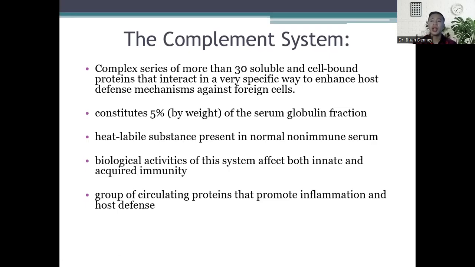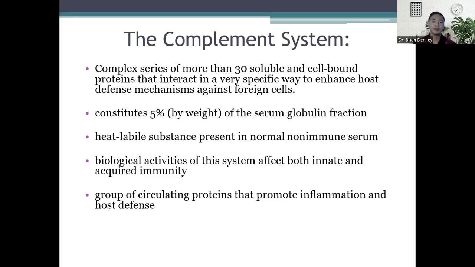Question: at what temperature and how many minutes will cause inactivation or destruction of your complement proteins? Correct. 56 degrees centigrade in a 30-minute duration.